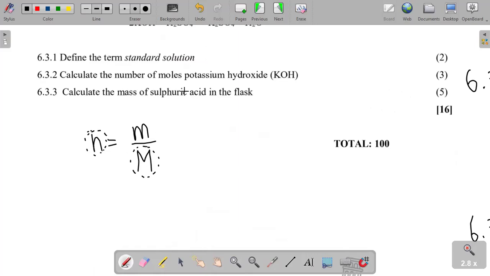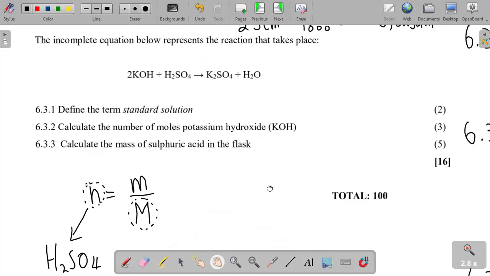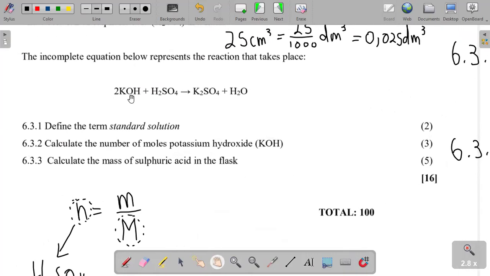The number of moles that we have from the previous question is the number of moles of potassium hydroxide, isn't it? It's not the number of moles for sulfuric acid. So we have to find this for sulfuric acid, H2SO4, from the formula. So what we do here is use the equation, okay?